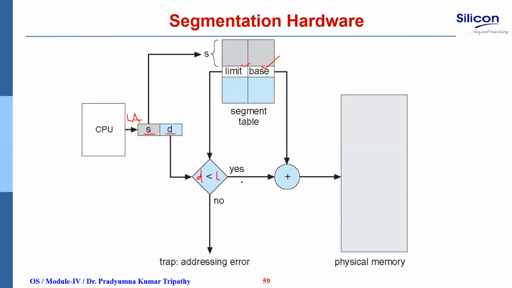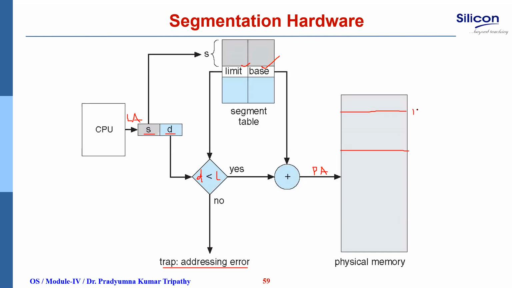If it is less, then it is added with the base to get the physical address in the memory. If D is not less than L, then it is an error. Is that understood? Because in the memory, wherever the process may be stored, suppose this is the segment.